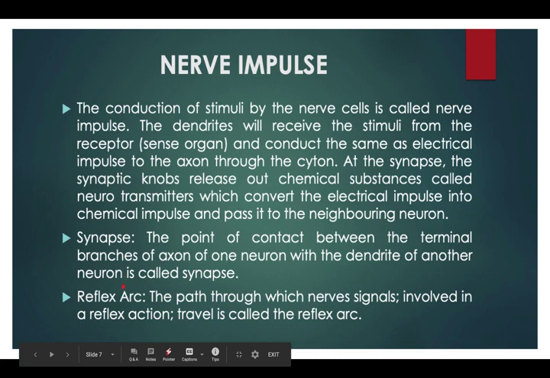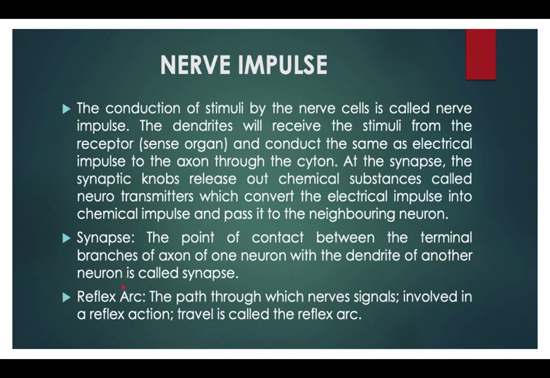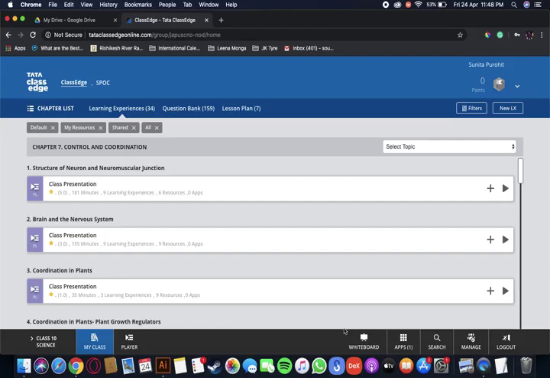Today we will focus mainly on the nerve cell, its structure and function, and the different parts of the nerve cell. The neural system is the control system of the body, which consists of highly specialized cells called neurons.